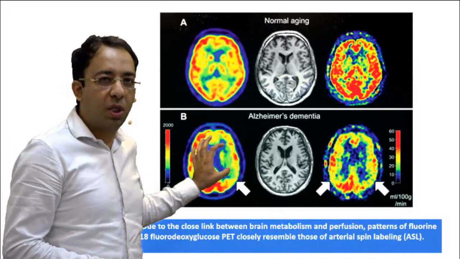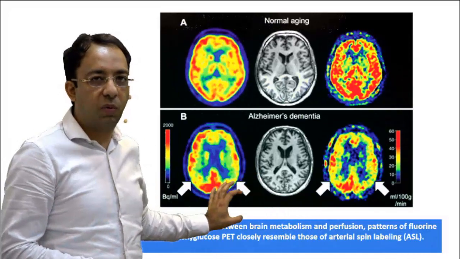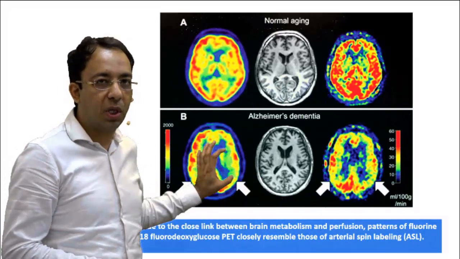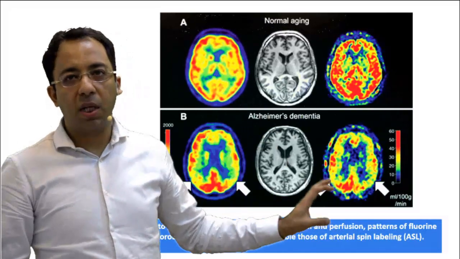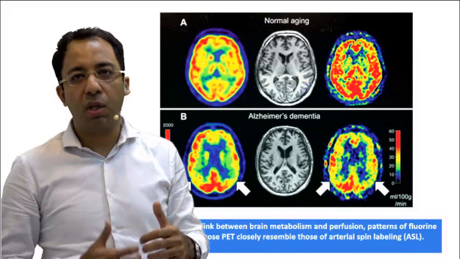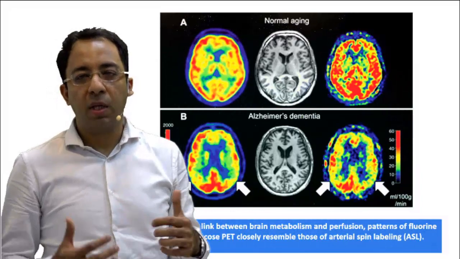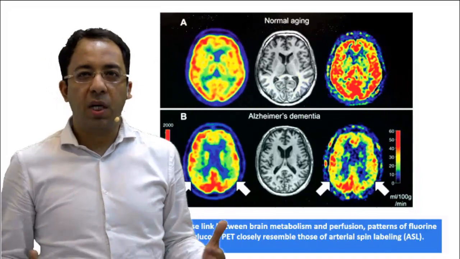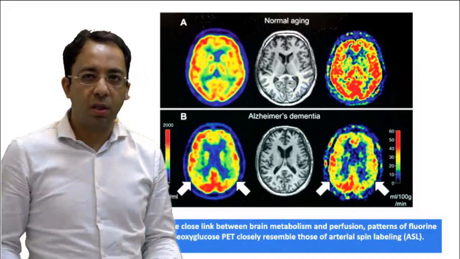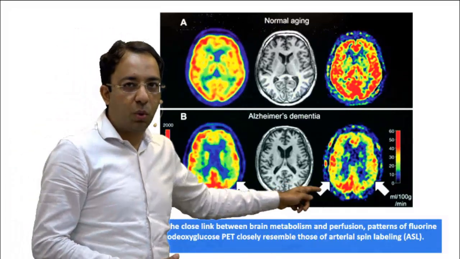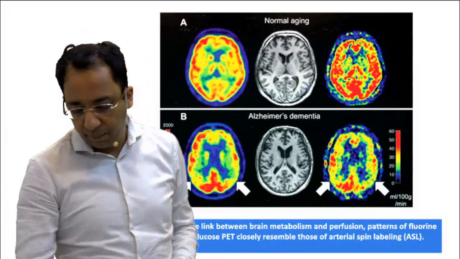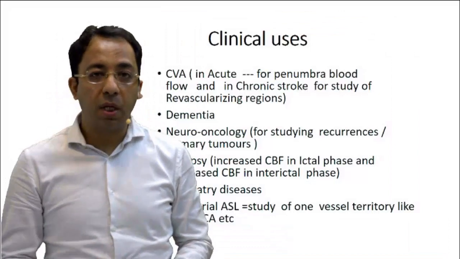What we achieve by PET scan, looking at fluorodeoxyglucose and metabolism, we can see with ASL, non-invasively without any dye, using magnetic labeling of the inflowing protons of the blood, and we are able to see similar information in both. That leads us to the clinical usage.